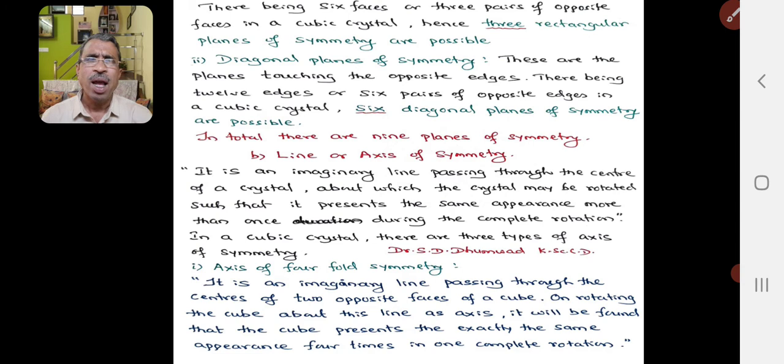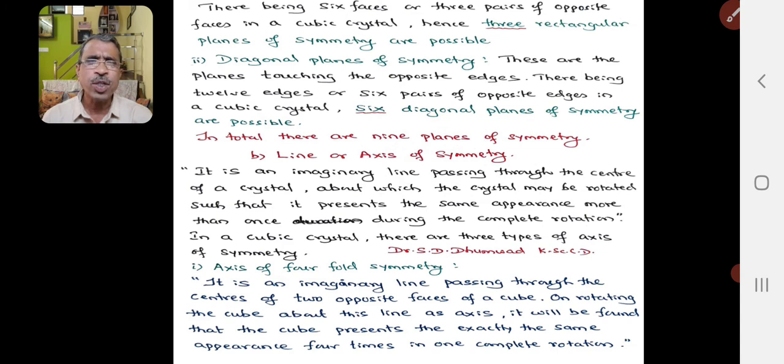Number 1, axis of 4-fold symmetry. Number 2, axis of 3-fold symmetry. And number 3, axis of 2-fold symmetry. Coming to the axis of 4-fold symmetry: it is an imaginary line passing through the center of 2 opposite faces of a cube.